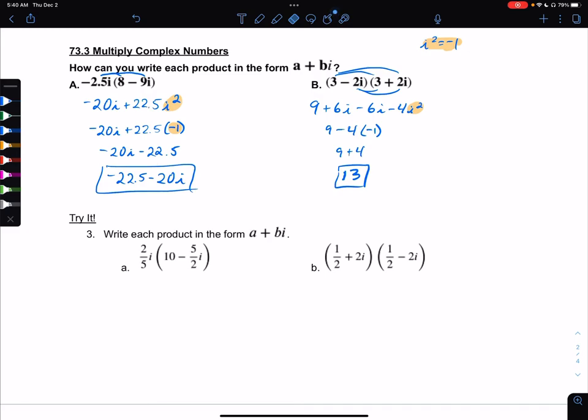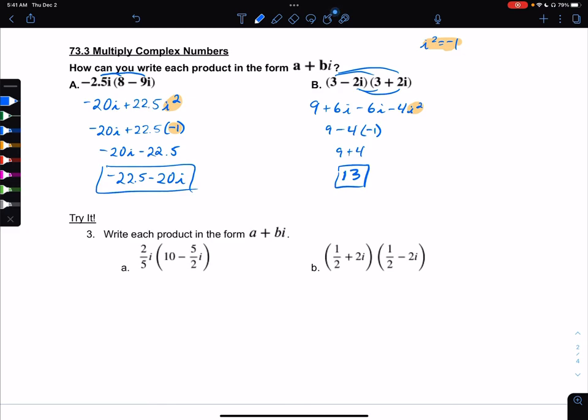It's a way to eliminate a complex number from an expression. So in part B, since we have 3 minus 2i, 3 plus 2i, the same terms, just with a different sign in between, they're called complex conjugates. And again, it's a way for us to eliminate the complex part.